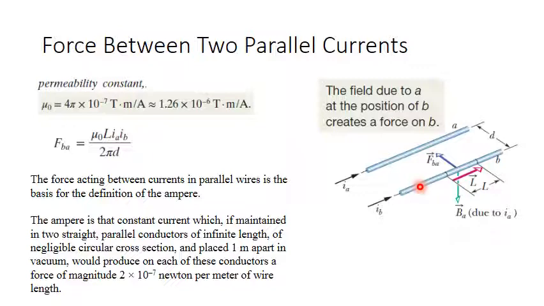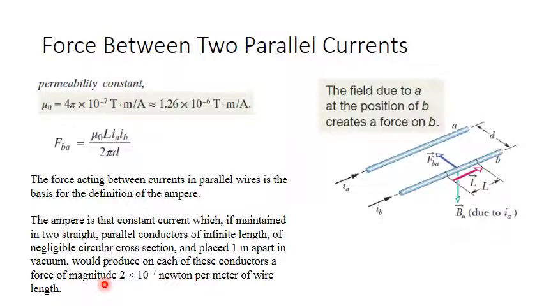So in other words, we can say that the ampere, which is a unit of the current, is the constant current which, maintained in two straight parallel conductors of infinite length and negligible circular cross-section, placed 1 meter apart in vacuum, would produce on each of these conductors a force of magnitude 2 multiplied by 10 to the power minus 7 Newton per meter of the wire length.